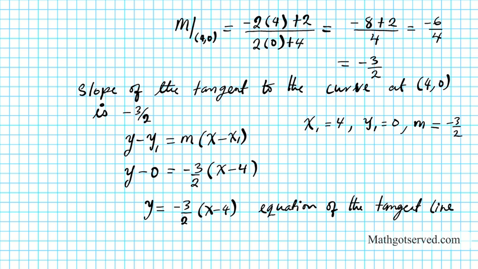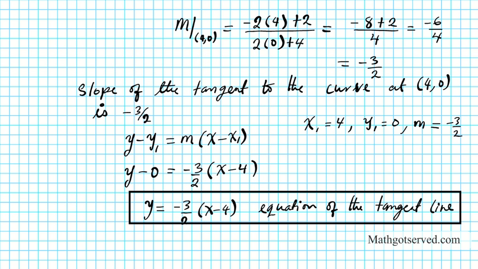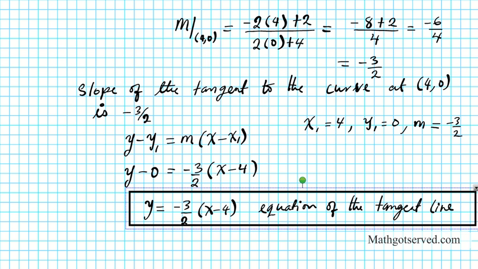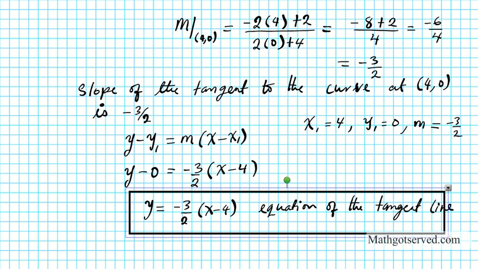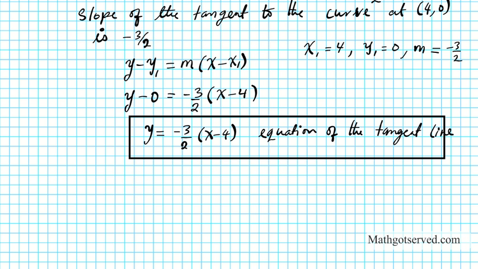Alright, now let's go ahead and determine the equation of the normal line, okay? All we need to do here is find the negative reciprocal of the slope of the tangent line, right? So the slope of the normal line, m of normal line, is equal to the negative reciprocal of the slope of the tangent line.